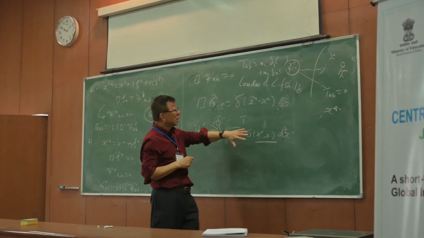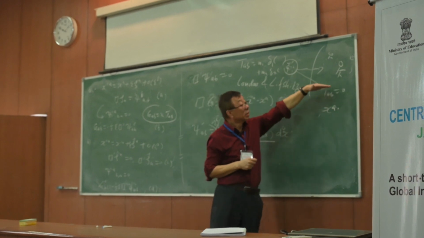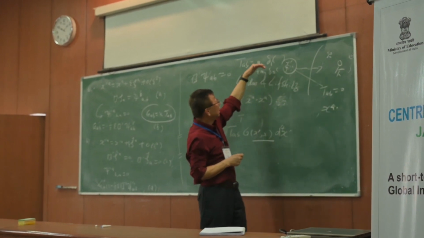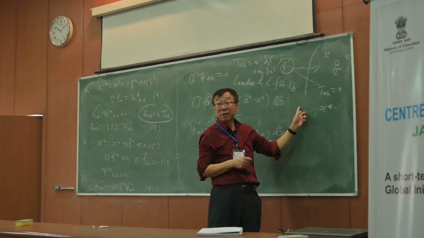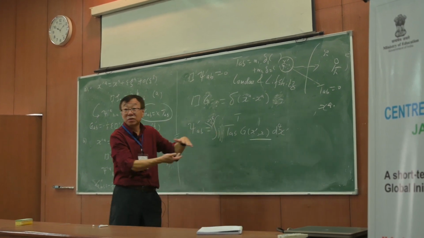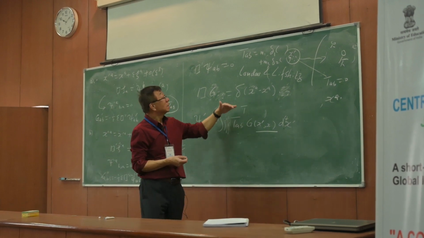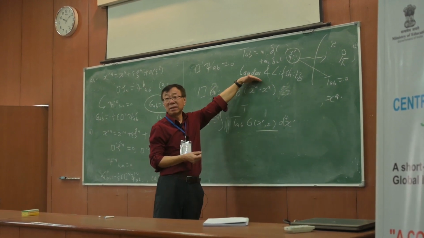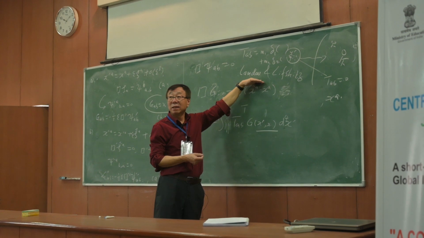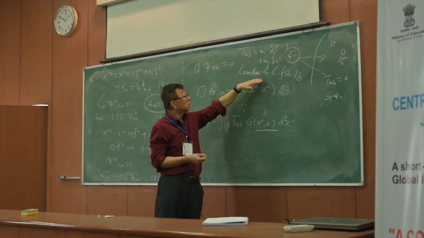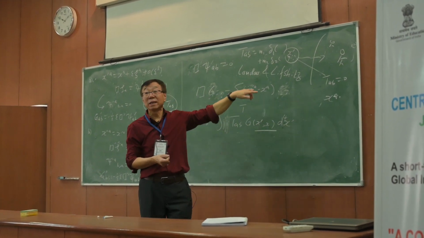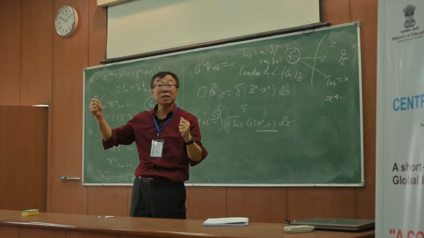But on the other hand, if I forget the source, I can solve the equation. I can get a phi AB. But I need to match these two together. I will not do the matching because you can find this in a standard book. This is exactly like electromagnetic fields. When we have a charge, remember?